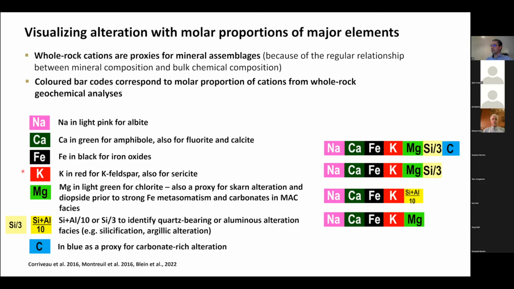This is the standard barcode that can be used, but then if other elements are added, then more information can be extracted for the type of alteration and the chemical associations that are possible. This becomes especially important in lower temperature alteration facies.